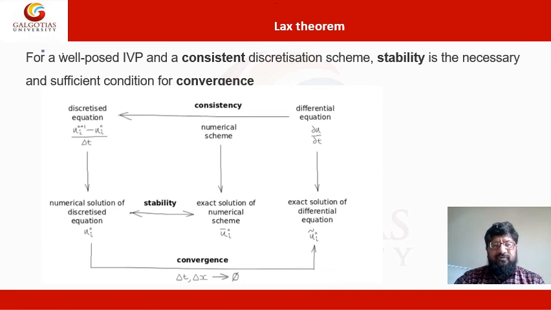There will be some numerical solution of the discretized equations which will have round off errors. This round off error must be contained to have stability, right? So Lax's theorem says that if we have ensured stability and consistency, then we have ensured convergence.